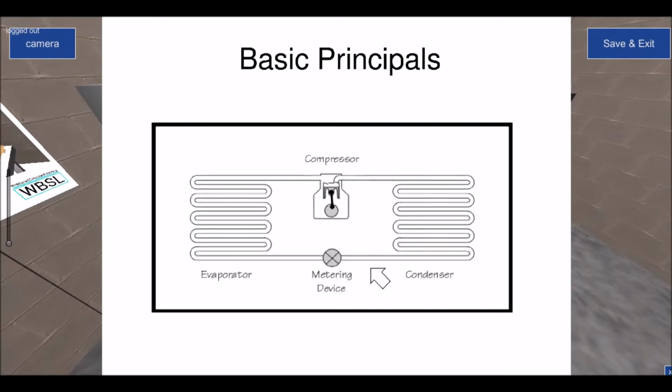So just to recap then, we have a high pressure, high temperature superheated vapor that exits the discharge of the compressor, enters into the condenser, desuperheats in the condenser, then begins to condense from a high pressure, high temperature vapor to a high pressure, high temperature liquid. At a given point in the condenser, it then becomes 100% liquid, and then it continues to travel through the condenser and leaves the condenser as a high pressure, high temperature subcooled liquid.